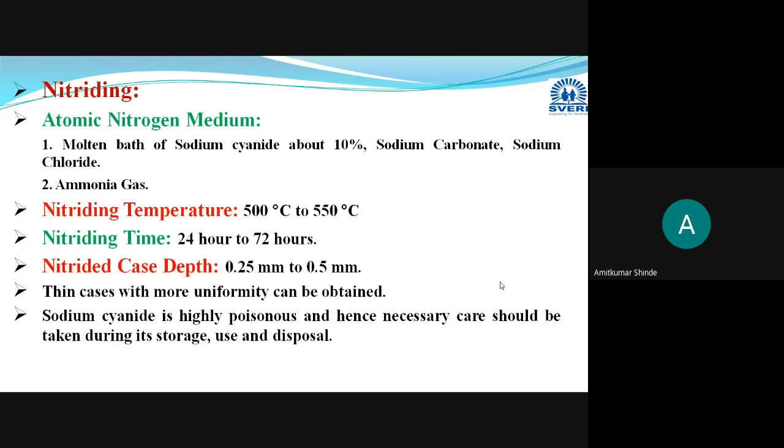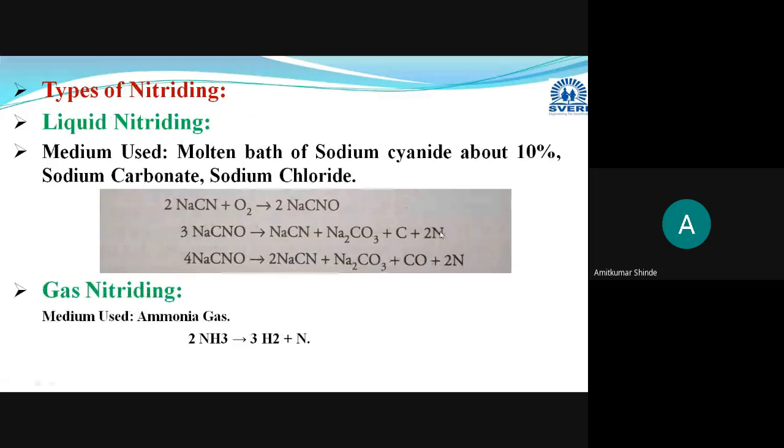Here the compulsory condition is that you have to take a medium which will provide atomic nitrogen. Atomic nitrogen means separate nitrogen atoms. It should not be N2, molecular nitrogen should not be there. You require atomic nitrogen in this process.